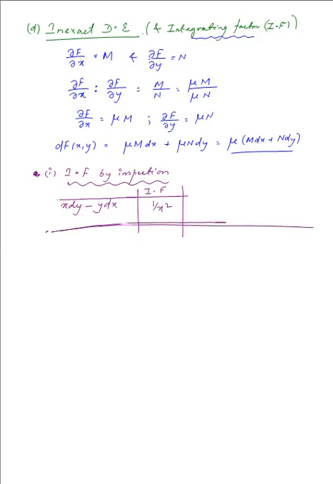Do we end up with an exact form? Let's see for ourselves. We have x dy minus y dx, which was the initial equation, which is divided by x squared. Now if you observe this, this is of the form u by v, with x instead of v and y instead of u.